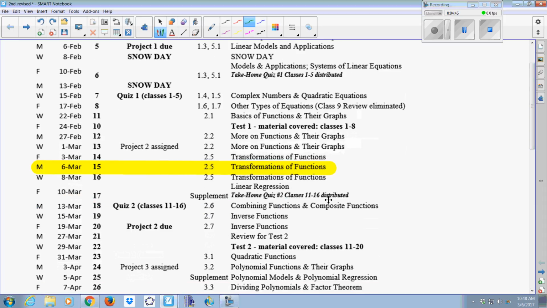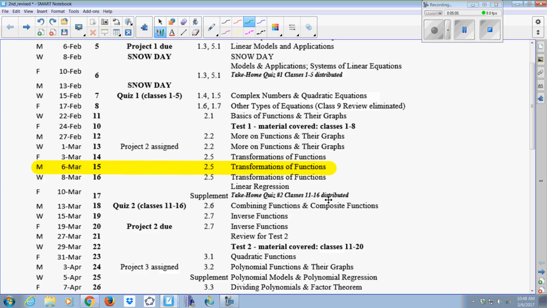We're finishing up on Friday. So Friday's going to be a combination of everything we did on Friday and everything we do today. So having the class activities done for these first two days of transformations is going to be really important for Friday's work. And Friday, you'll be picking up your take-home quiz.